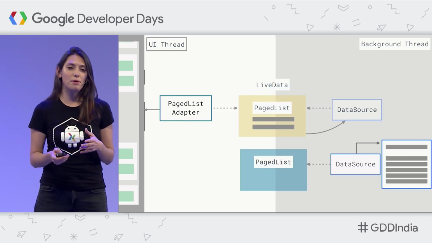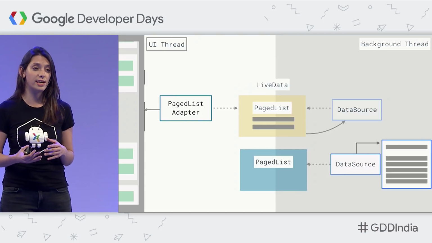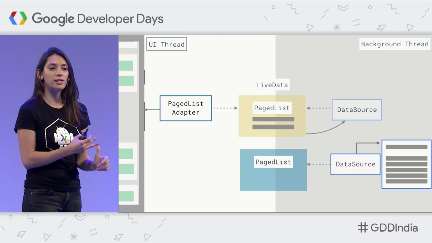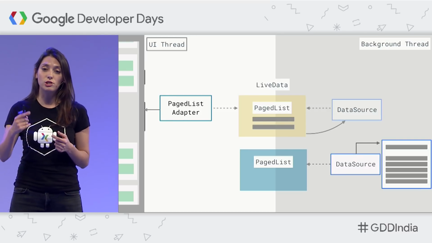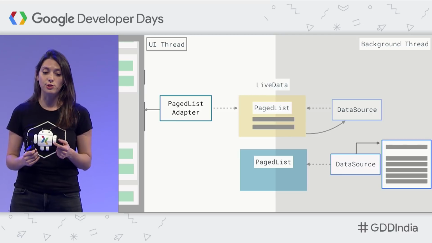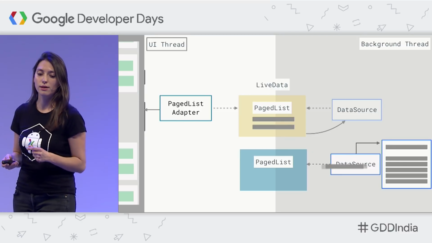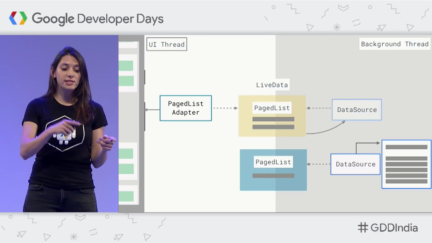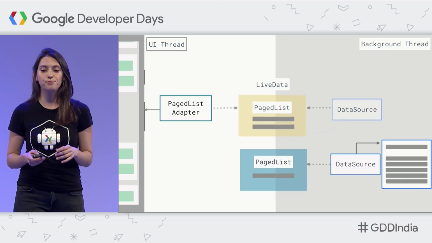So what's important to remember is that several types of operations can lead to an invalidation of the data source. So if you're doing an insert, an update, or a delete in a data source, then that should trigger an invalidation of the data source, and then the recreation of the page list. And then this new page list will be populated with the data from the data source.